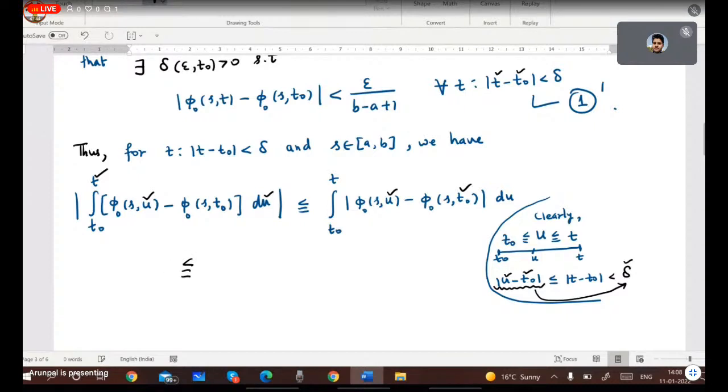So this is further less than or equal to, now I can apply 1 dash, the integral from t naught to t of epsilon upon b minus a plus 1 du. Is this okay, class?